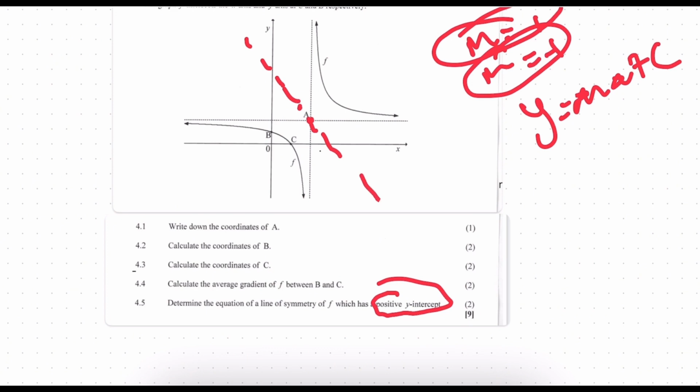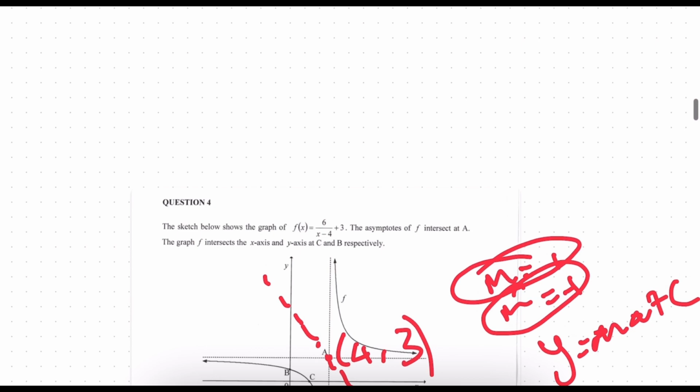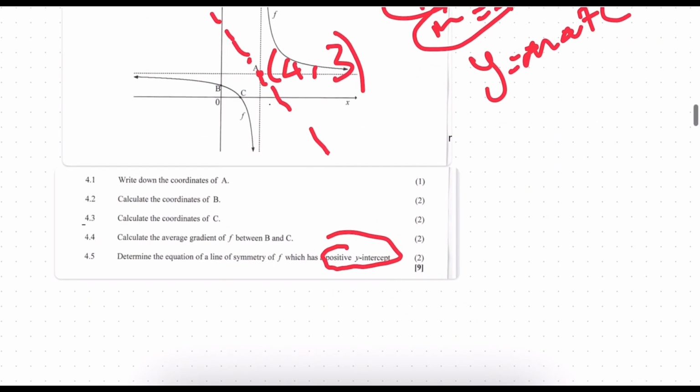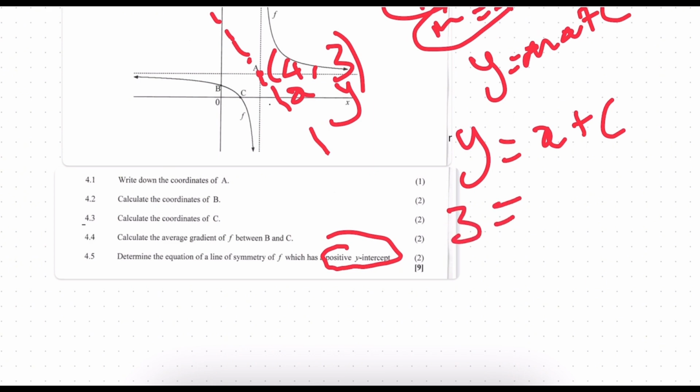So which point is it passing through? It was 4 and 3, if I'm not mistaken. Let's go back. Yes, it's 4 and 3. So now you have y equals x plus c, and the graph passes through 4 and 3, so 4 plus c. Wait, you see, it's even tricking me now.